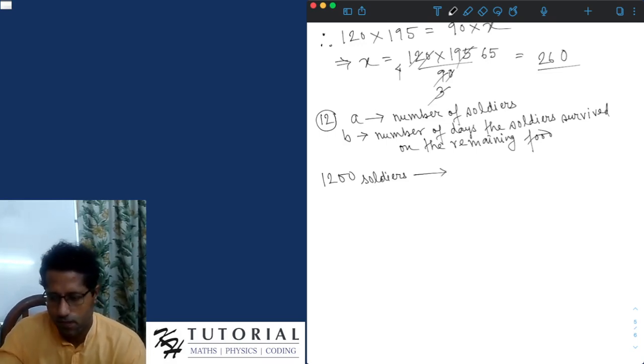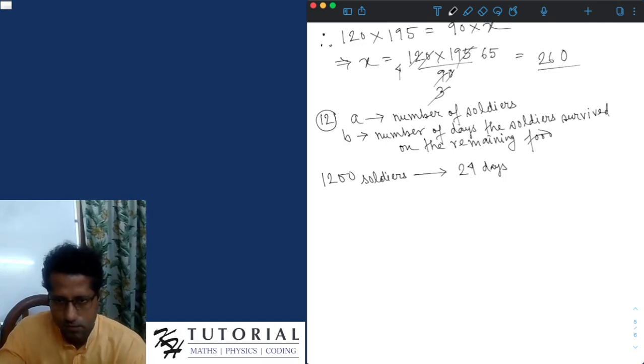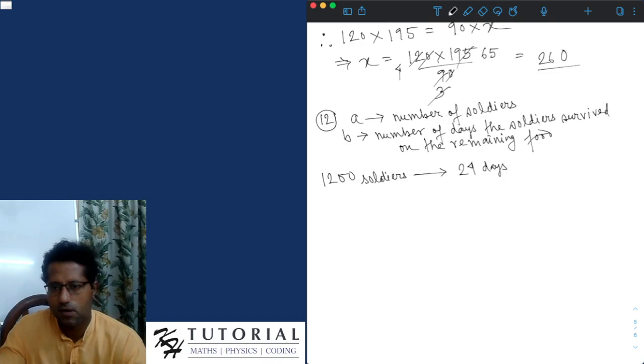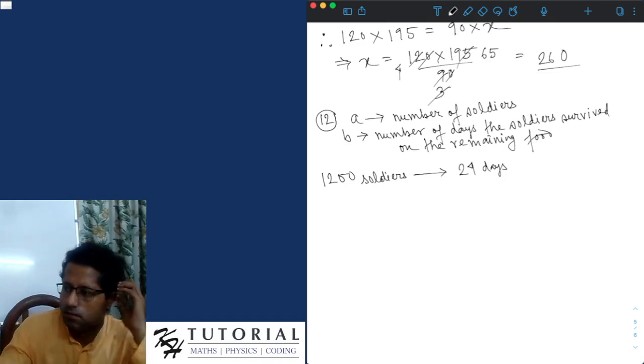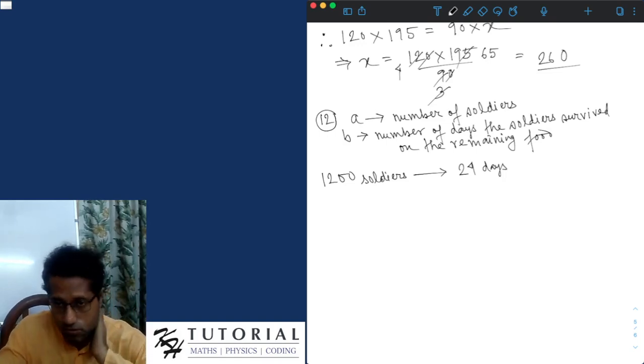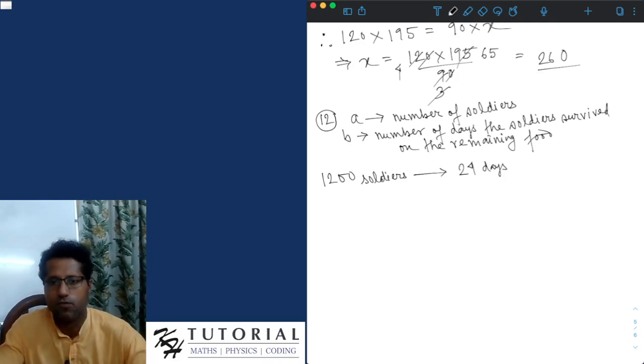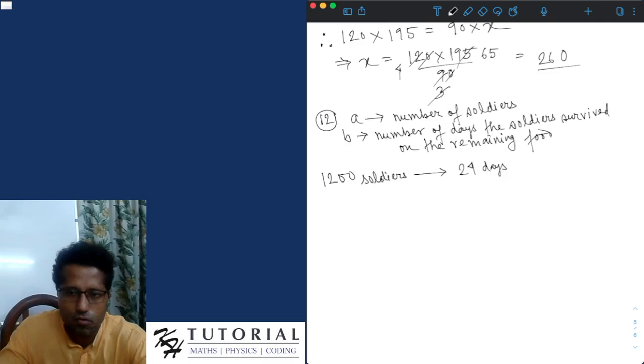After 4 days, whatever food was remaining should have lasted for 24 days for 1200 soldiers, because the food is enough to survive 1200 soldiers for 28 days. So after 4 days, the 1200 soldiers are supposed to survive for another 24 days based on the remaining food.